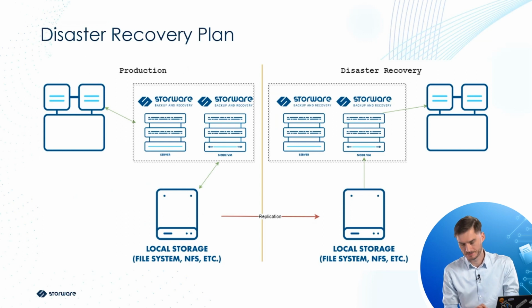So to simulate the problem which we need to solve during this academy, I prepared a simple diagram. On the left you can see a production center where I will be using ESXi as my hypervisor, one instance of Storware backup and recovery, server and node, and also one backup destination. On the other hand, the disaster recovery, here I also prepared another instance of Storware backup and recovery, typical, simple, new, without any settings there, even without the license.